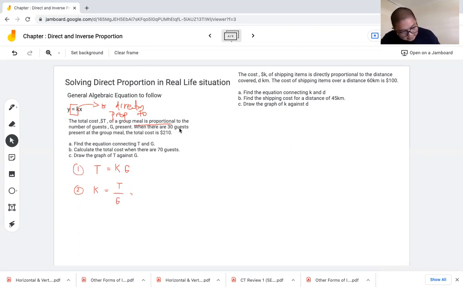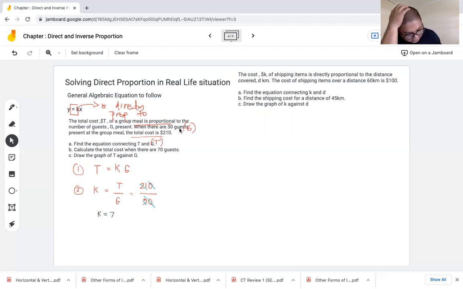So these 30 guests here represent the value of G. And then the total cost here represents the value of T. So this one now will give us an idea that this is going to be 210 over 30, which you can cancel out and simplify to get the value of k. So this would mean that your k now will automatically be equal to 7.